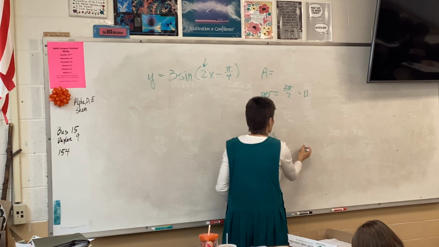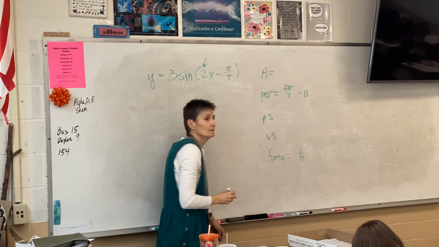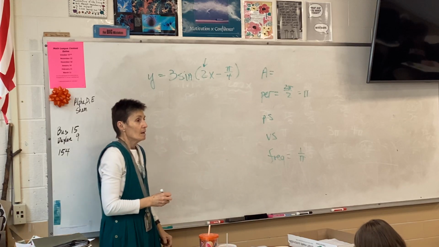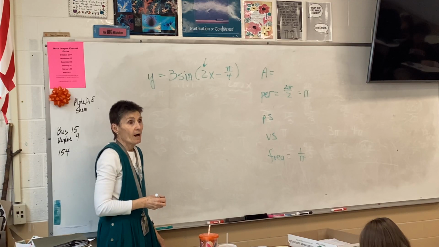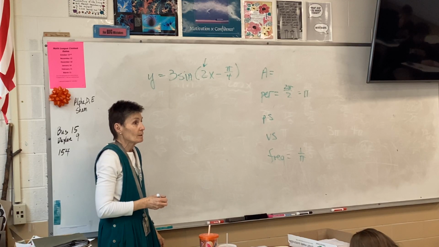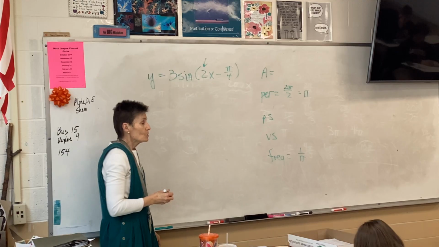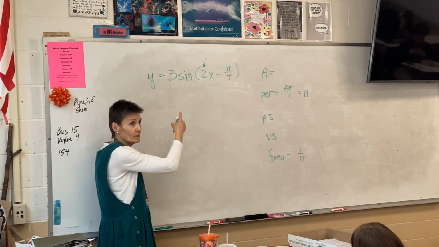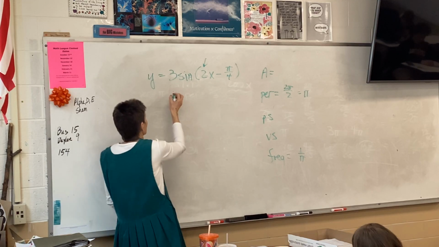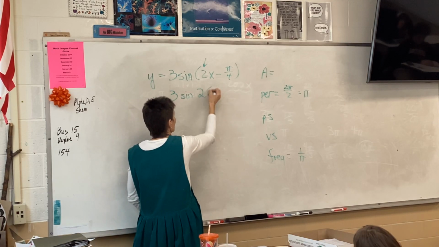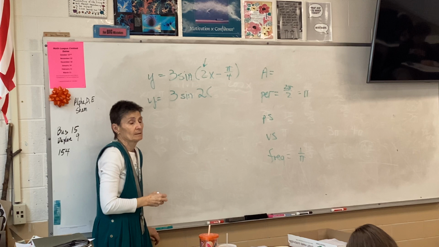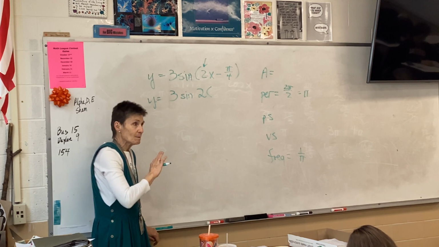Which means my frequency is going to be 1 over pi. Fortunately or unfortunately, I am going to have to graph this thing. That is not in good shape to graph. So to graph it, I'm going to pull that 2 out of the parentheses. That is not impacting the period.